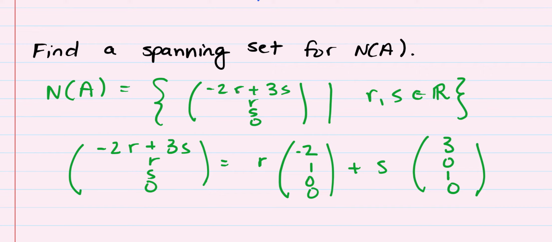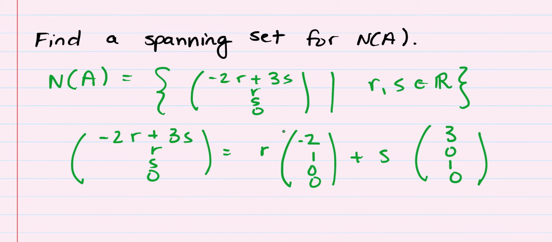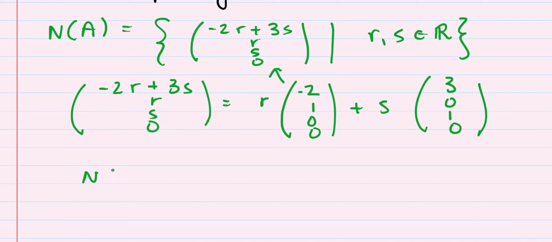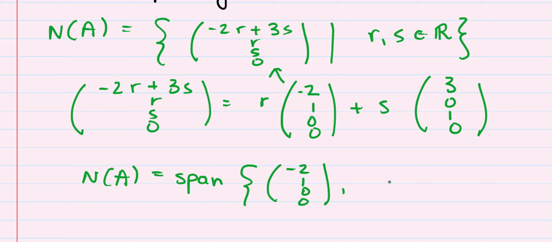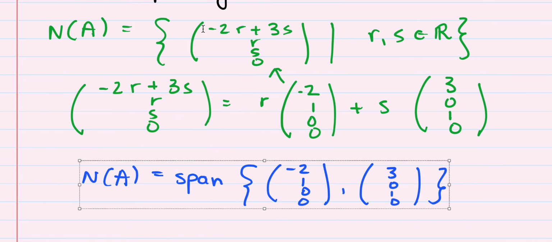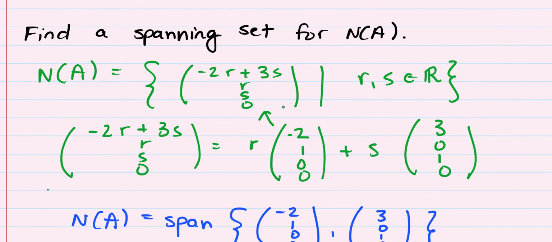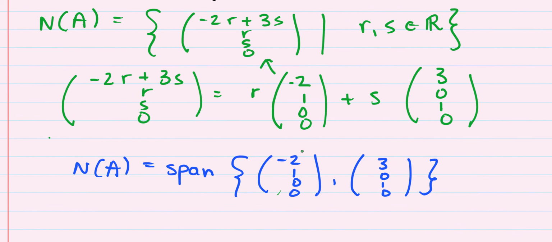Negative 2r plus 3s, r plus 0s, then s, and then 0. So this is exactly what we have here. The null space is the span of these two vectors. So now we found a spanning set being these two vectors. When we take the span of them, we'll get the entire null space.